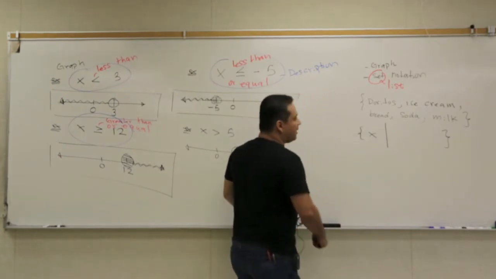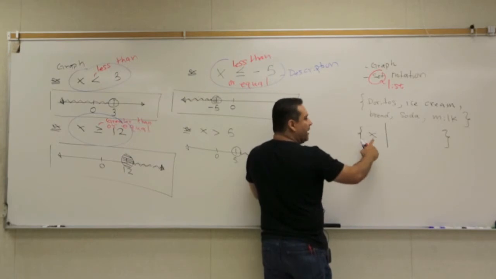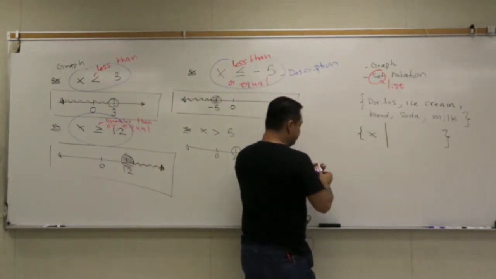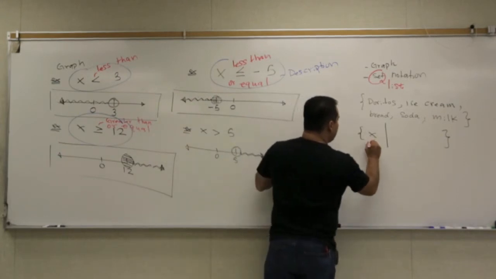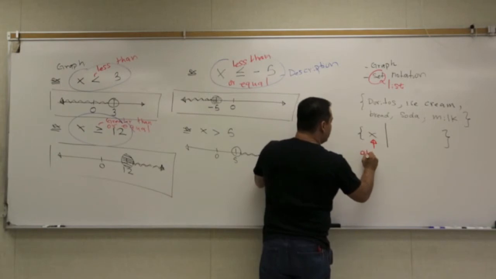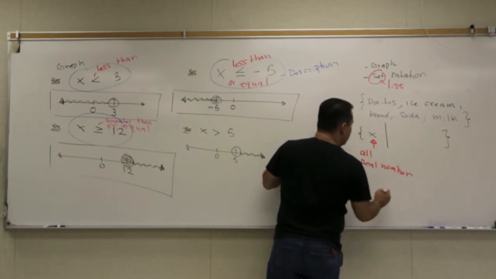You say, well, what are you talking about? Well, when you see the brackets, that means what? The set. And what comes next? X. So as you read left to right, this is the set of all real numbers that we represented with what?